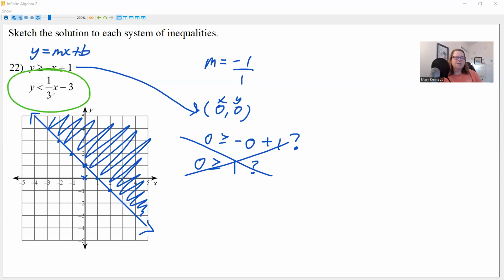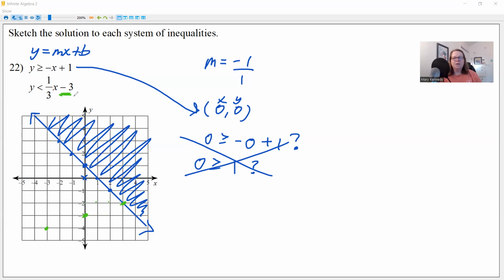All right. So Y is less than 1/3 X minus 3. So for this, I'm going to start down here at -3 on the Y axis. And then my slope is 1/3. So that's up 1 and right 3, or down 1 and left 3. Right. Okay.